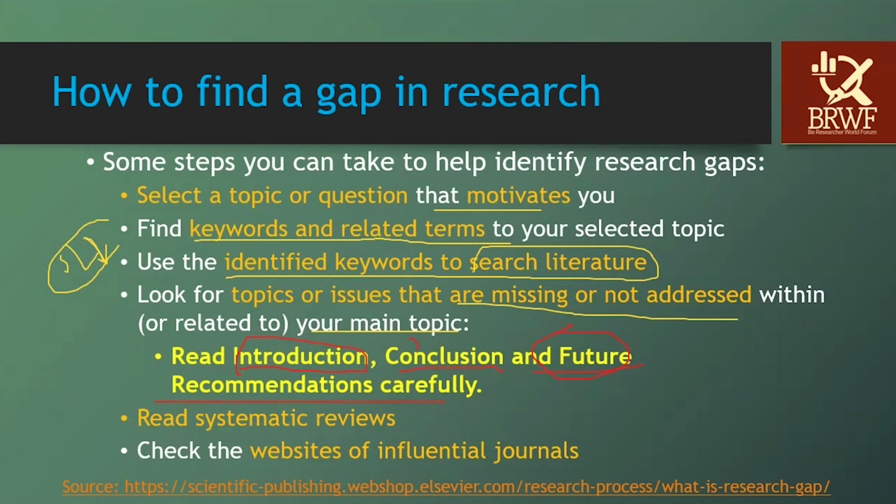Another important technique we use these days: if you find a systematic review on a topic, you are already done with your research gap, because a systematic literature review covers almost all literature or all articles in a selected topic.